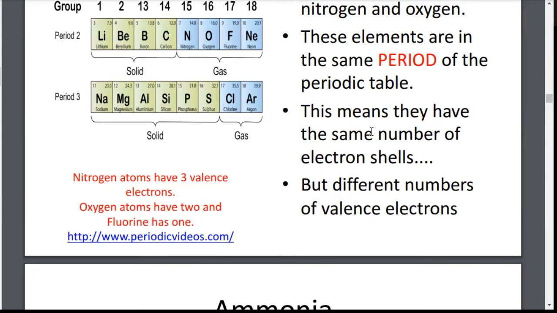So the elements we're talking about are in the same period, which means they have the same number of electron shells, but because they're in different groups, they have different numbers of valence electrons. What it means is they're in the same area inside the periodic table, so they have some connection between them.